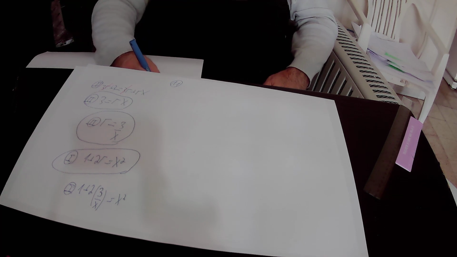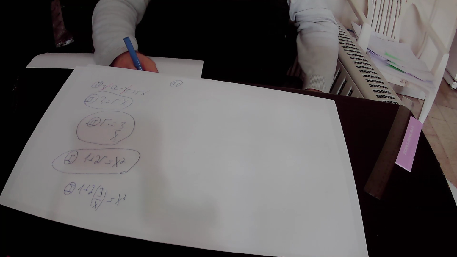So according to equation number 1, 1 plus 2 times 3 is 6, so it is 1 plus 6 over x equals x squared.